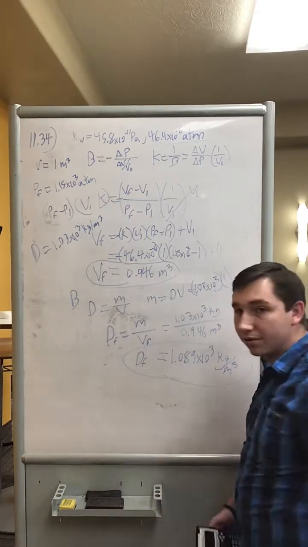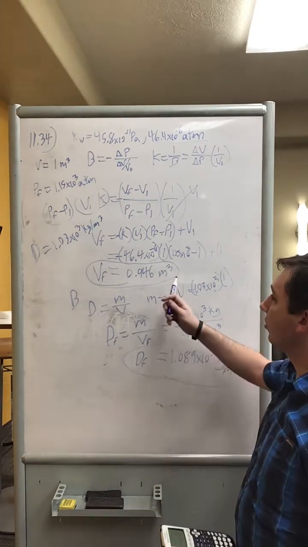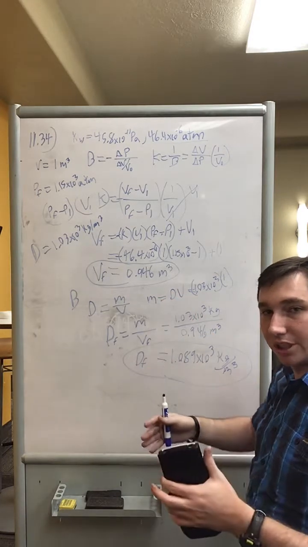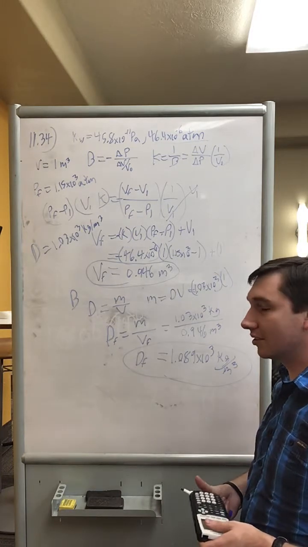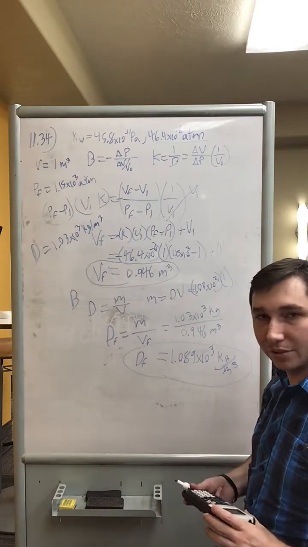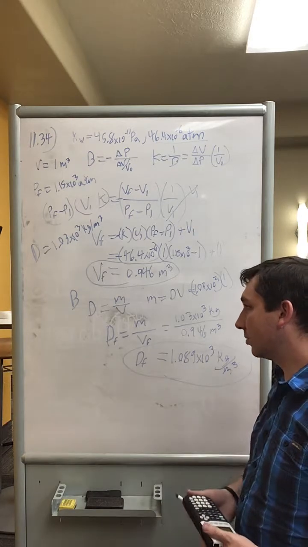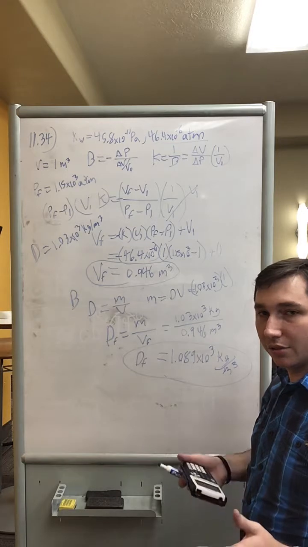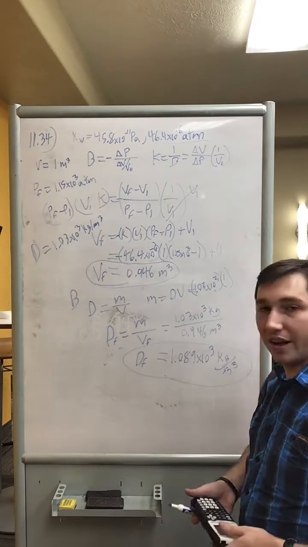And that's our density of water at that depth. So we found the change in volume because we know as the pressure increases, the volume has to decrease, because water is slightly compressible. And because it's compressible, the density will change as its volume decreases, but the mass stays the same. And that's that problem.